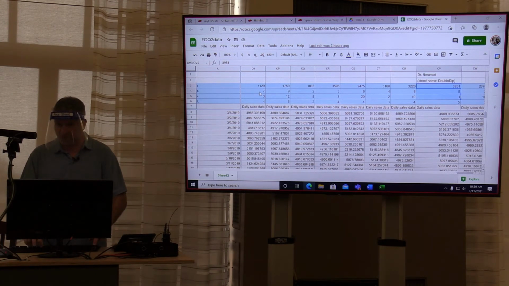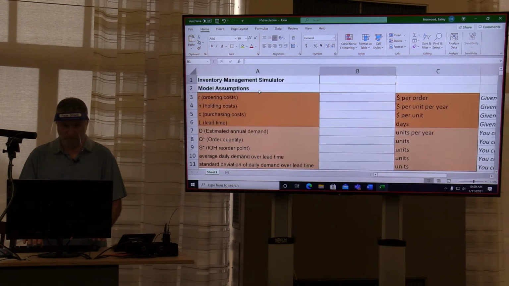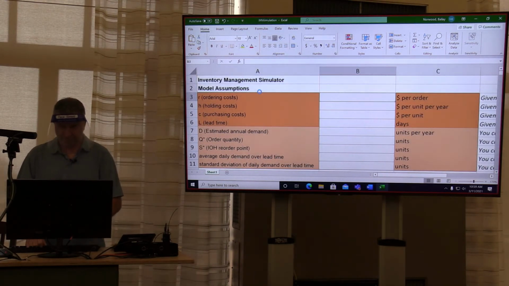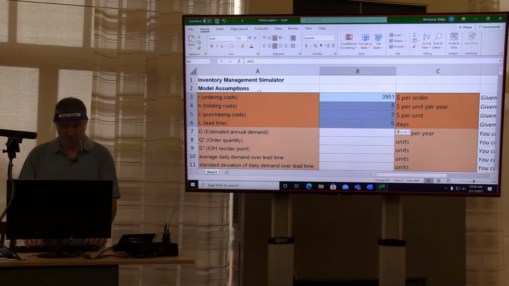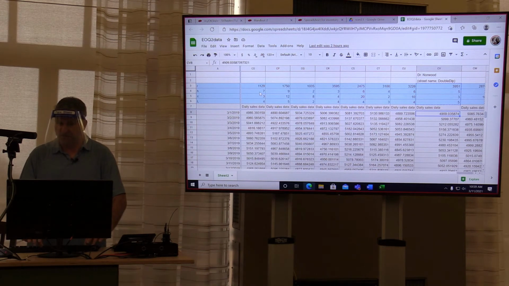Dr. Norwood is here. I'm going to copy the R, H, C, and L, and then I'm also going to copy all the sales data. These are my unique sales data.